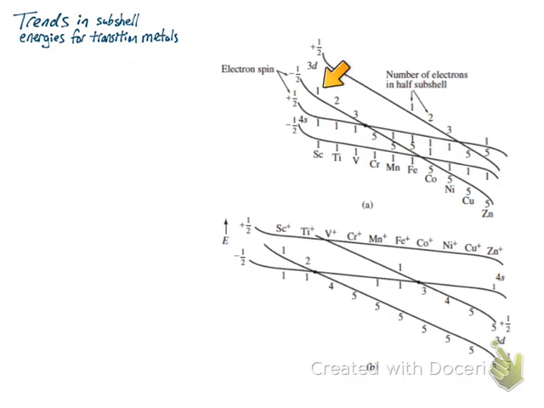These diagrams are very nice for helping to determine the order of filling for the electrons in transition elements, especially in these anomalies, for instance, in chromium. You can see chromium has 1 electron in a 4s, and then starts filling in the 3d orbitals, and 5 electrons go there.